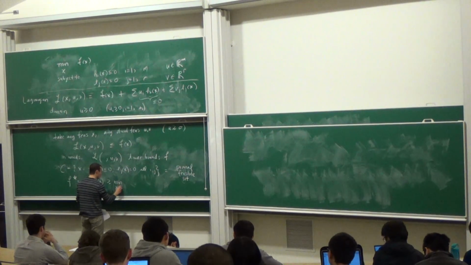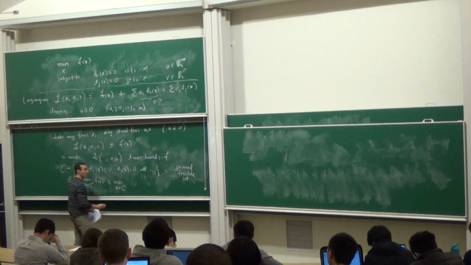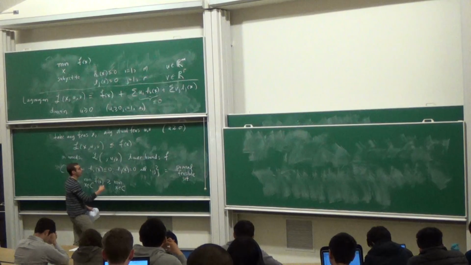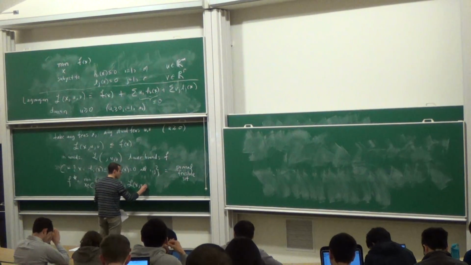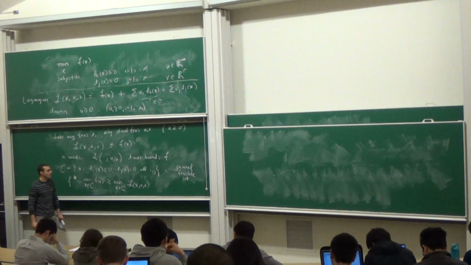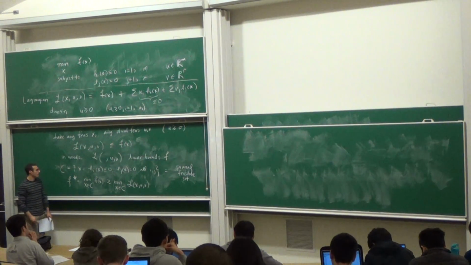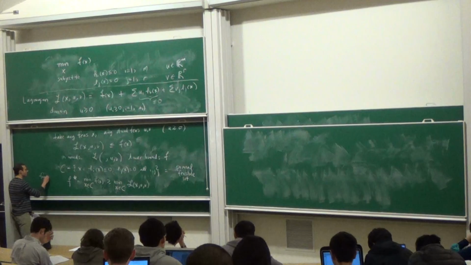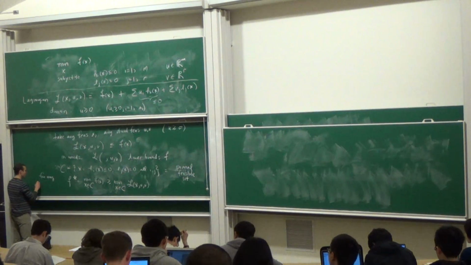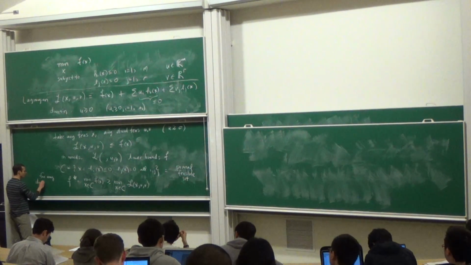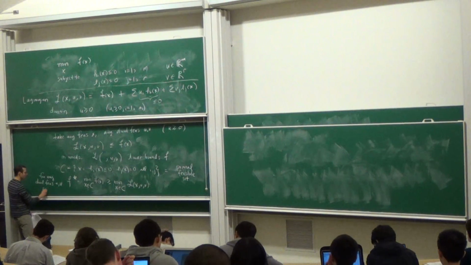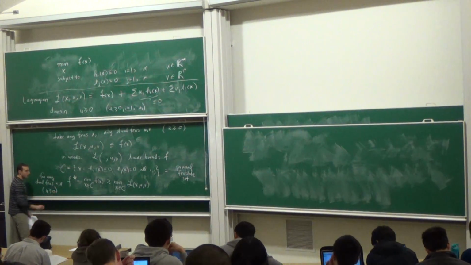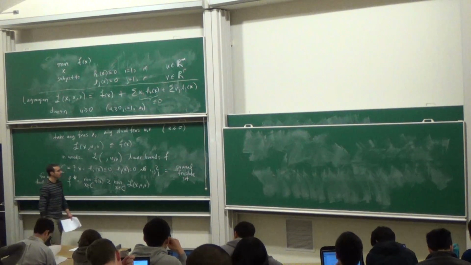It lower bounds f over all primal feasible points, right? That's what we just proved. L of x, u, v. This is true for any dual feasible u and v. So in other words, for any u that's just non-negative. Okay?